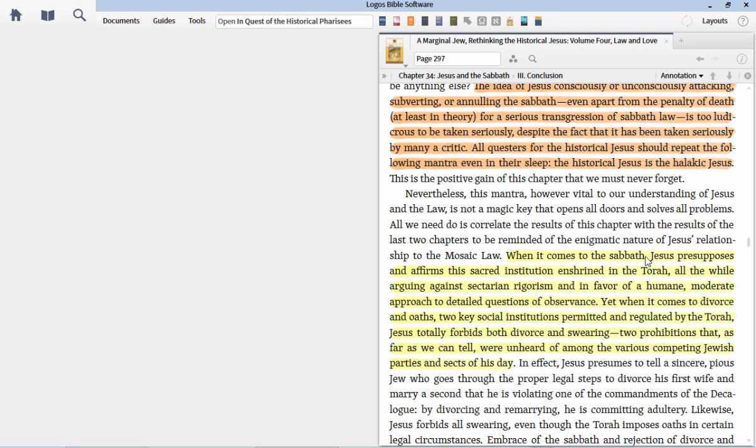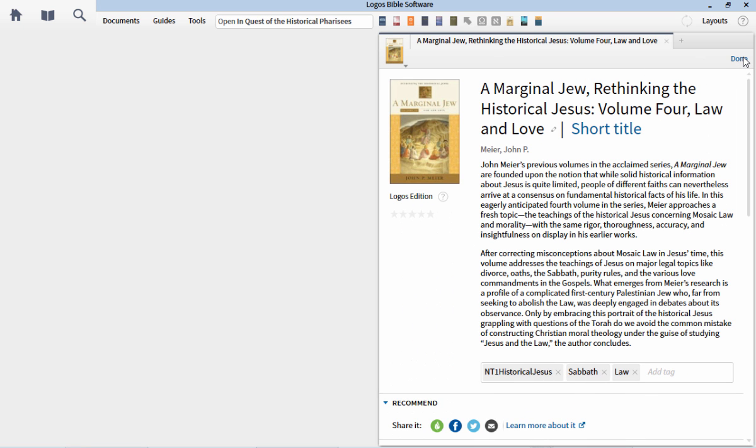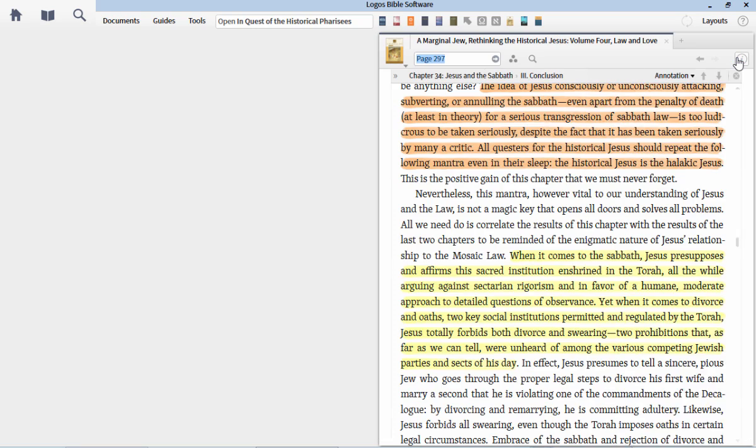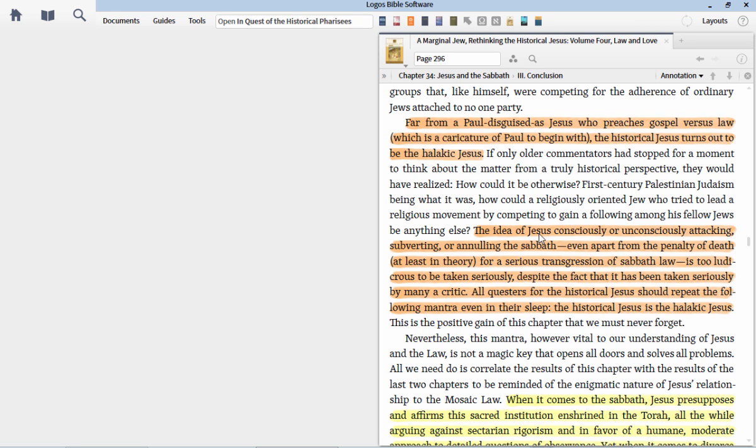So yes, Jesus did at times disagree with some of the common ways of interpreting the commandments, but when it comes to the Sabbath, Jesus upheld the Sabbath, just like he upheld marriage and was against divorce. So John Meier, the leading historical Jesus historian today, says Jesus kept the Sabbath and taught people to keep the Sabbath. And if you believe Jesus annulled the Sabbath, that's just too ludicrous.